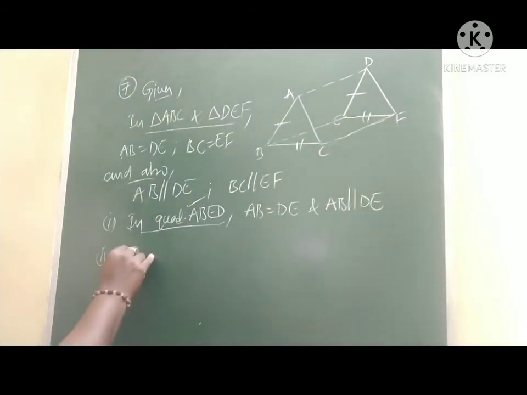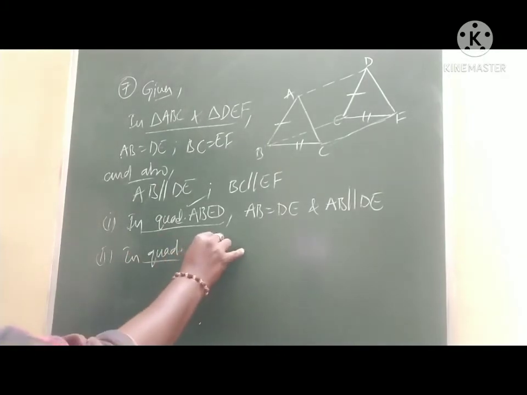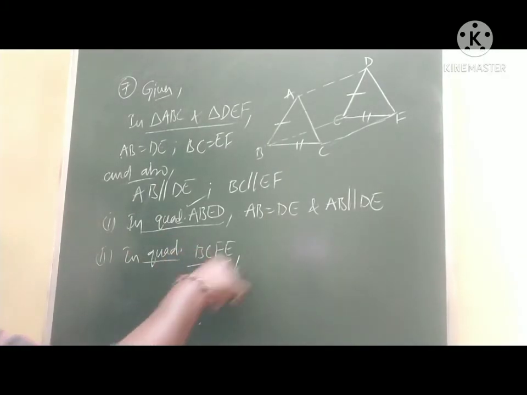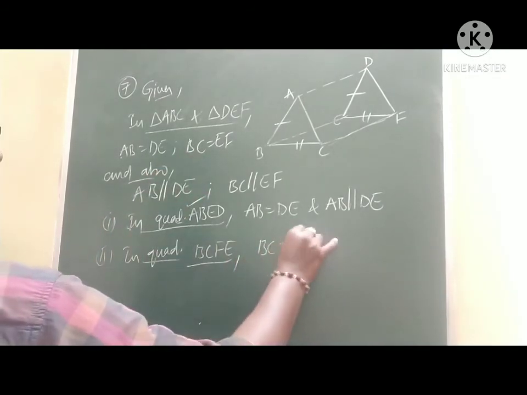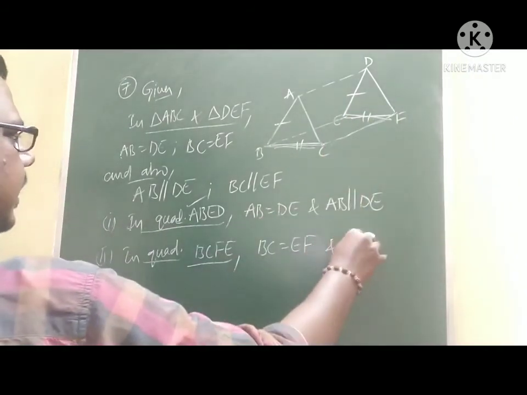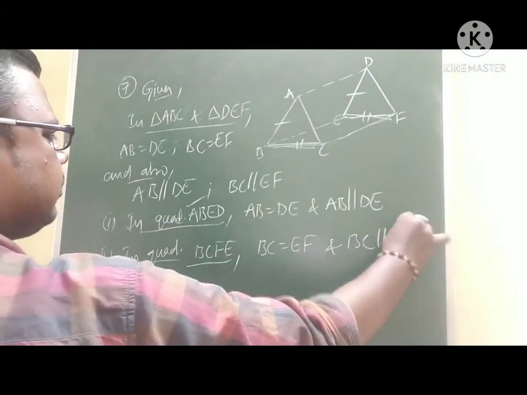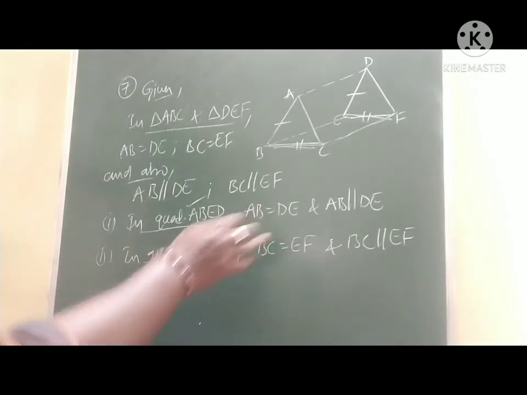Here also, in quadrilateral BCFE we have been given BC is equal to EF, and at the same time BC parallel to EF. So in a quadrilateral we have an opposite pair of sides equal and parallel, then it will be a parallelogram. That's it. We'll write that statement and we'll wind up.